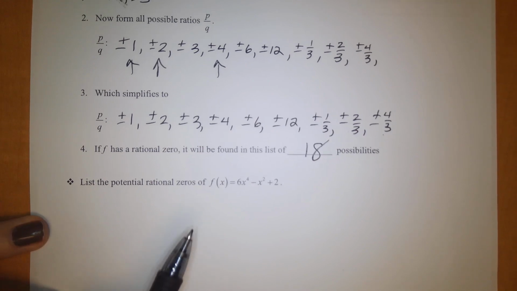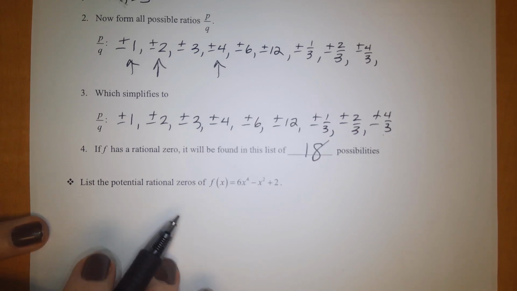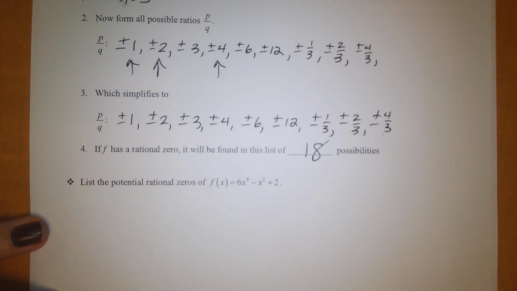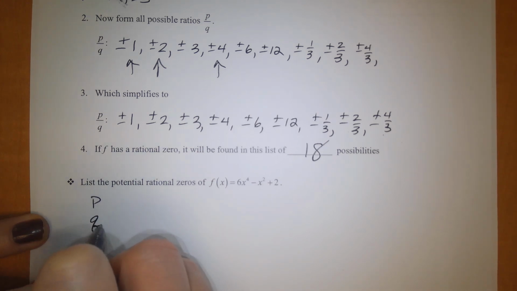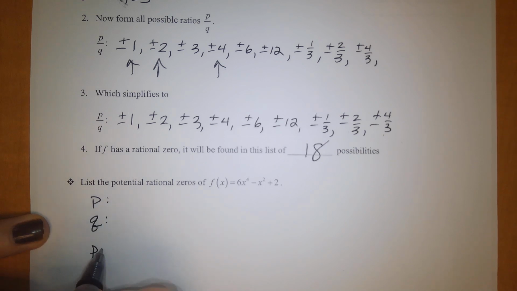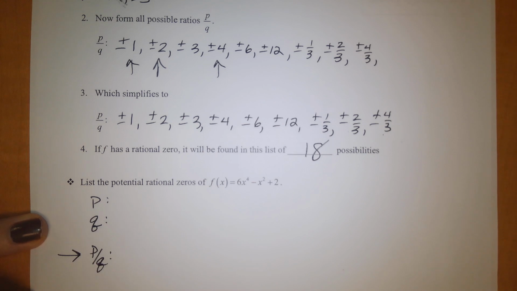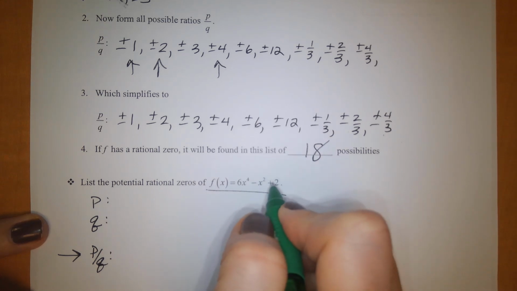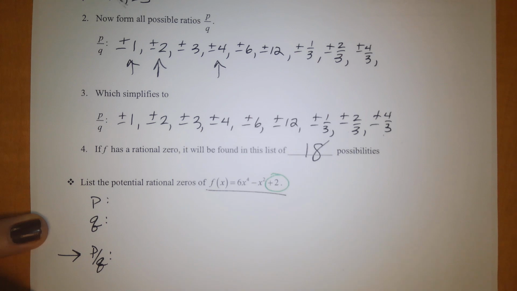This one I have a different polynomial. Here I've got 6x to the 4th minus x squared plus 2. So let's find p and q, and then p divided by q. And this will be all of the potential zeros of this polynomial. Remember, p is going to be all factors of the last term.